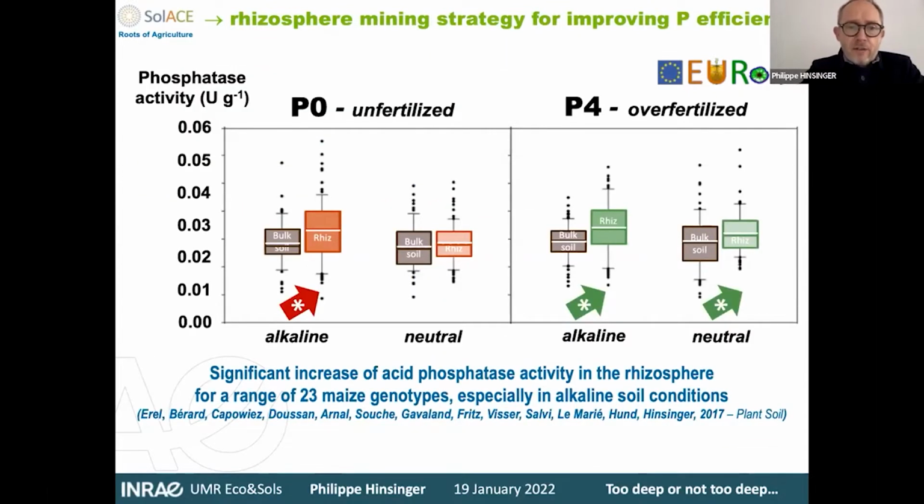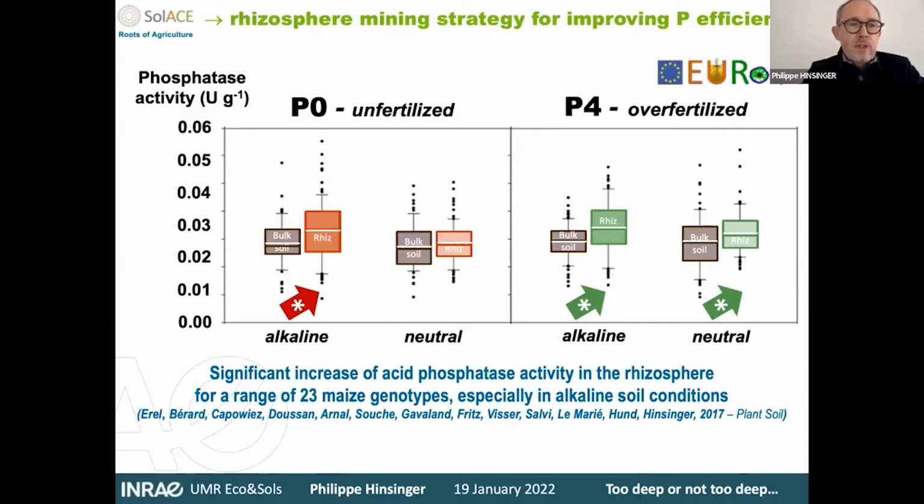This is my example, a single example, although that's my favorite activity when I was a scientist. That's about the mining strategy of roots. It's a whole range of processes involved in the rhizosphere to, in this case, increase the availability of nutrients, possibly water, through a number of different processes.